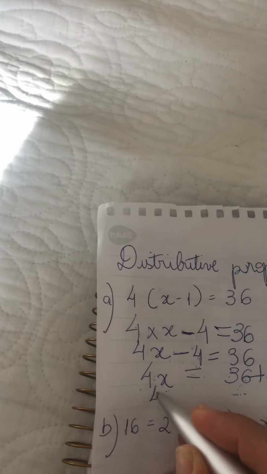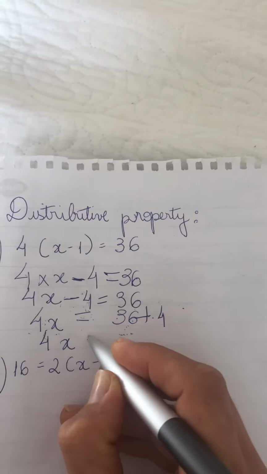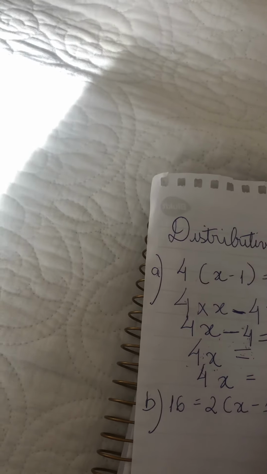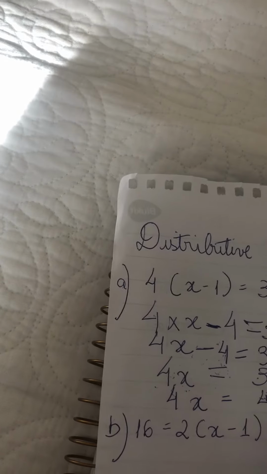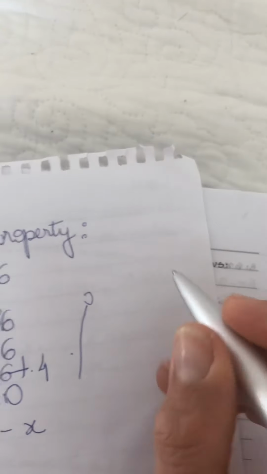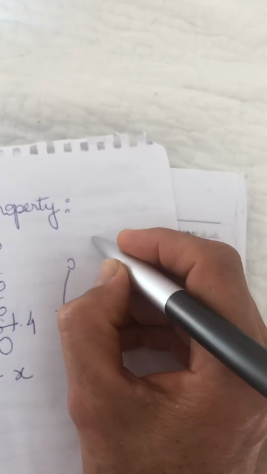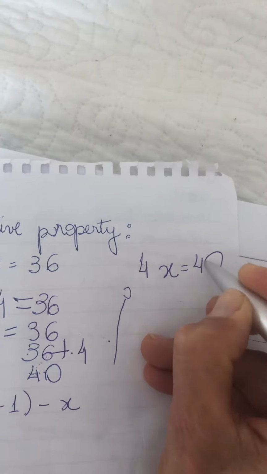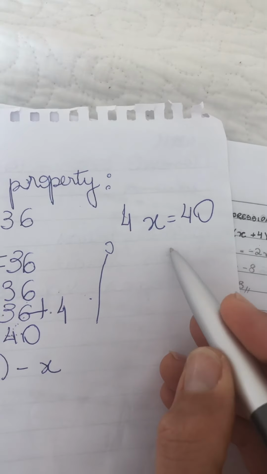Then, again, we have 4x equals 36 plus 4 equals 40. Then, what do I have to do? I have 4x equals 40. Well, I want to isolate.